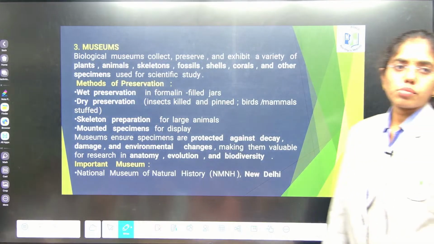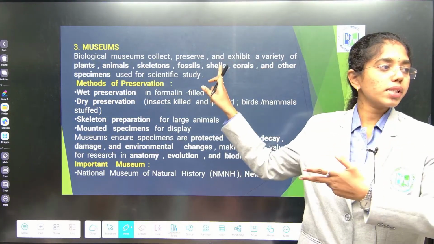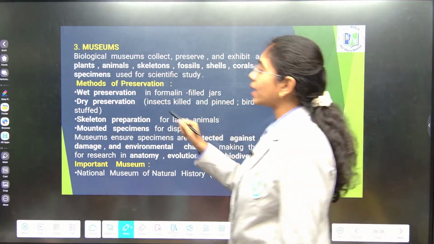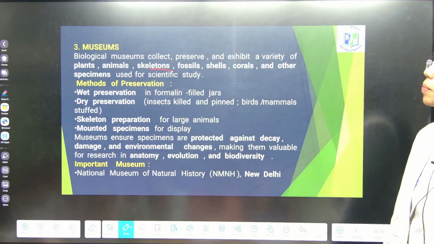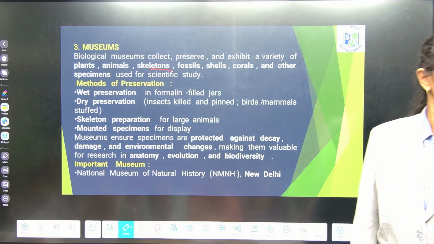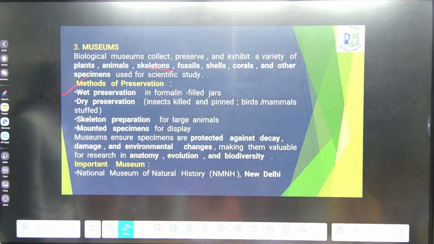Next is museums. Like how herbariums store the plant specimens, museums store animal specimens. How are they collected? A variety of plants and animals, skeletons, fossils, shells, corals and other specimens are placed. Two methods of preservation you will see in a museum: one is wet preservation, the other is dry preservation.